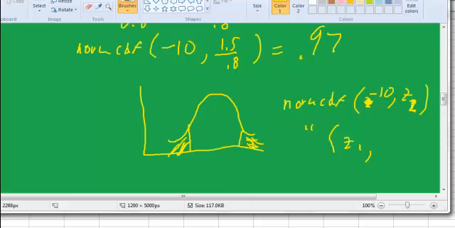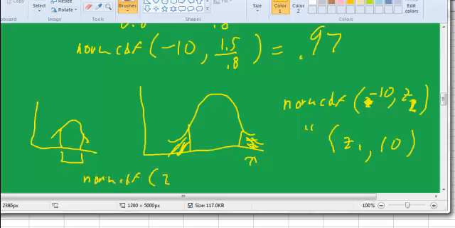If we were going to the right, then we would do norm CDF from the Z value that we get to a big number like 10. So to the right, we take from Z1 to 10. In fact, we're taking it from Z1 to infinity. Here we're taking it from negative infinity to Z2. And then finally, if we're taking the probability of getting in between two numbers, then we just do norm CDF from Z1 to Z2.